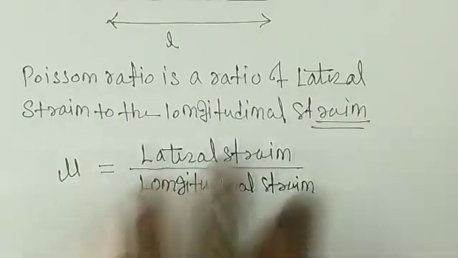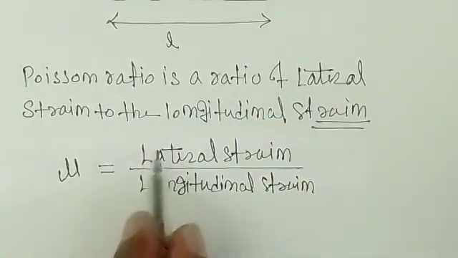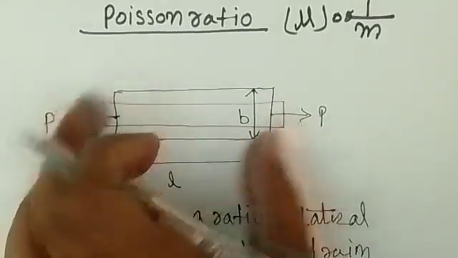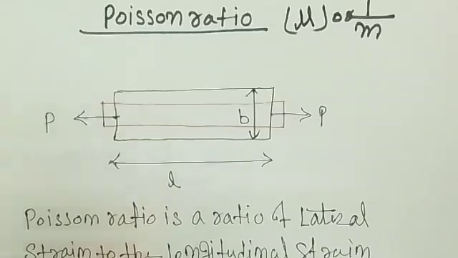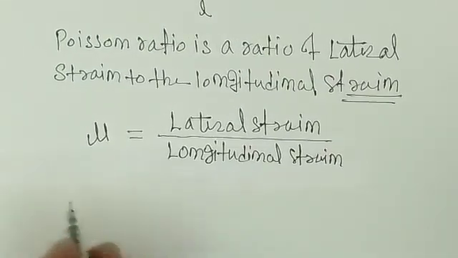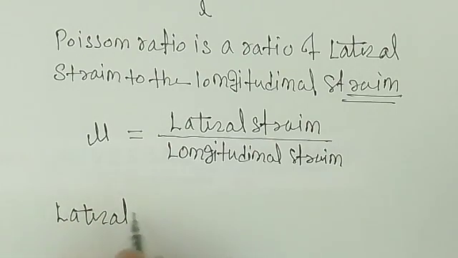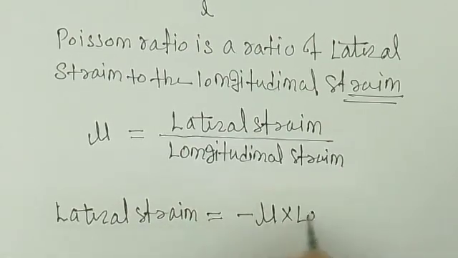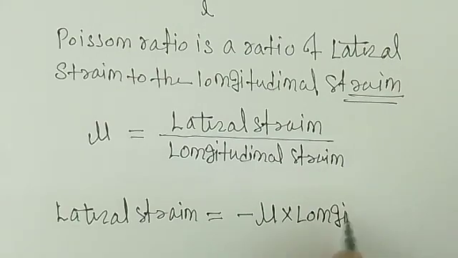So when you cross multiply, remember the lateral and longitudinal strains are opposite to each other. Here the longitudinal dimension is increasing but the lateral dimension is decreasing. So you can say that the lateral strain is equal to minus mu times the longitudinal strain.